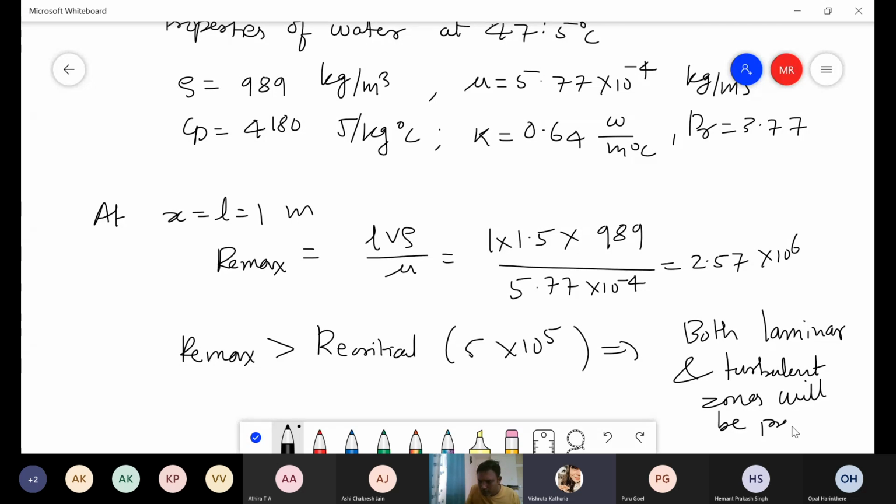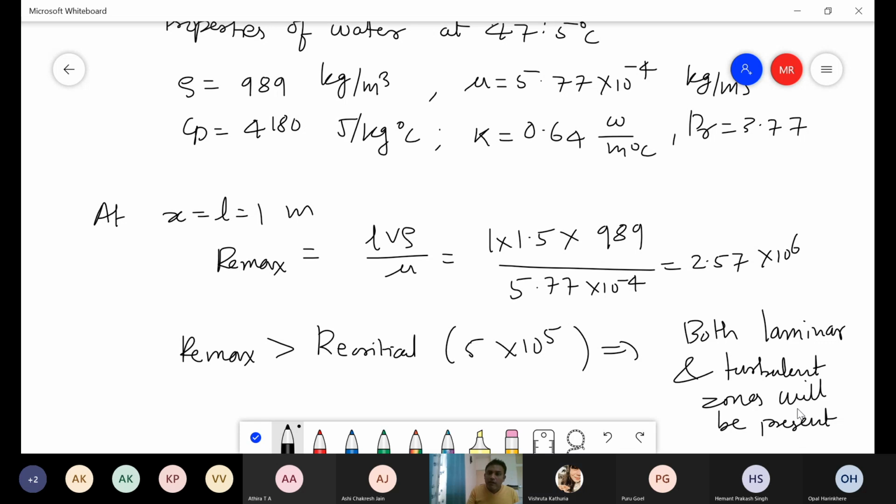Hello, sir. Yes. So the mu is given as 5.77 into 10 raised to the power minus 3. Where? Sir, in the table only. Just let me check. At the temperature of 47.5, isn't it? Yes, sir. So 320 Kelvin. Around 320.